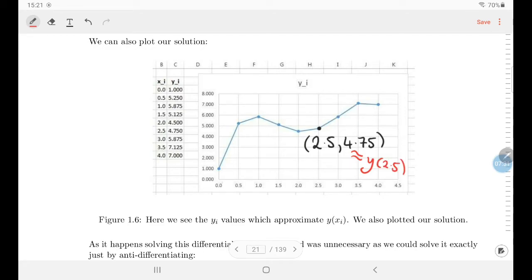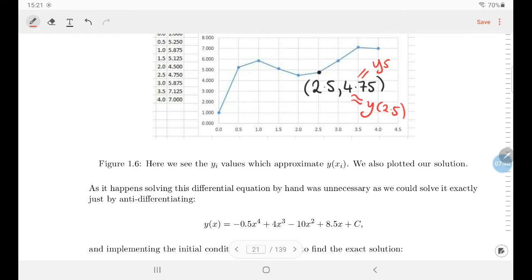And it's the 1, 2, 3, 4, the fifth point. So we call this thing y5. So y5 approximates there.